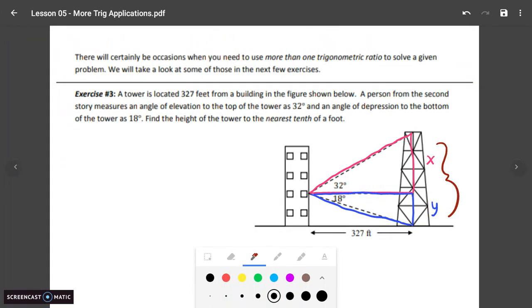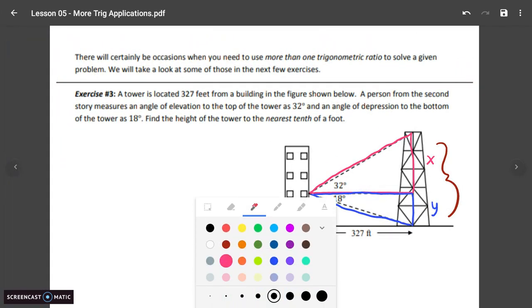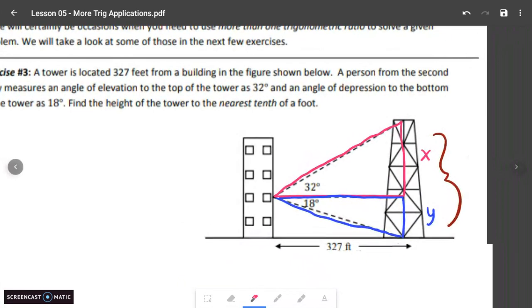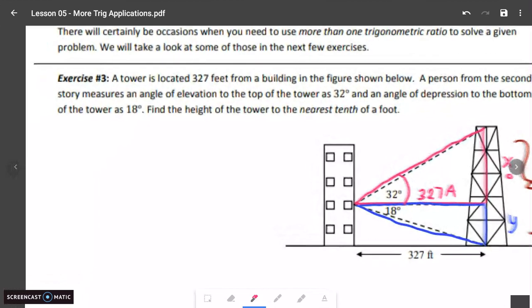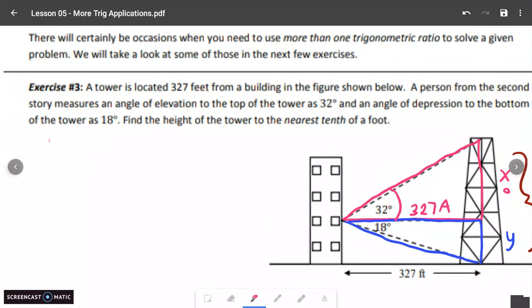So let's start with that pink triangle that I highlighted here. We know that this is 327 for both of them because it's the distance apart. So from this angle of 32, I'm looking for the opposite. I have the adjacent. There was no mention of anything with the hypotenuse, so that means I'm dealing with tangent.